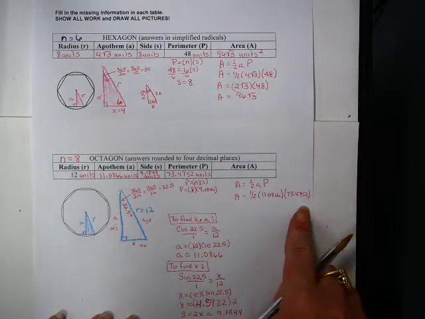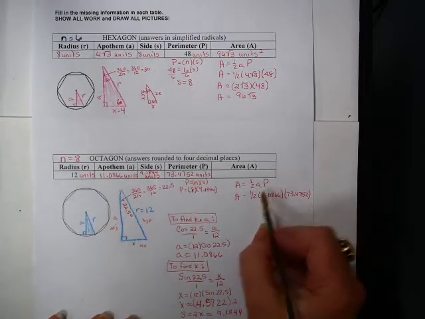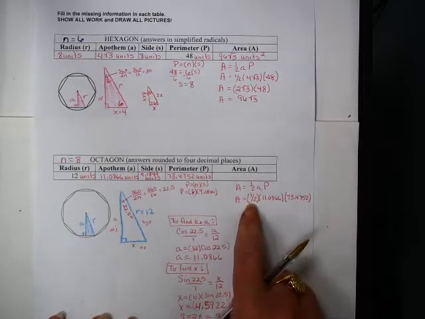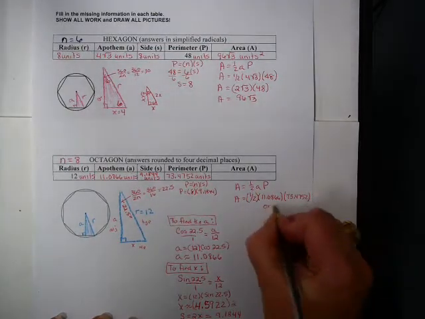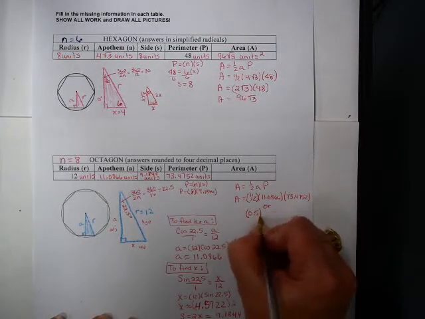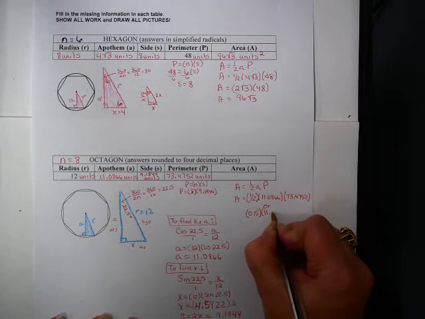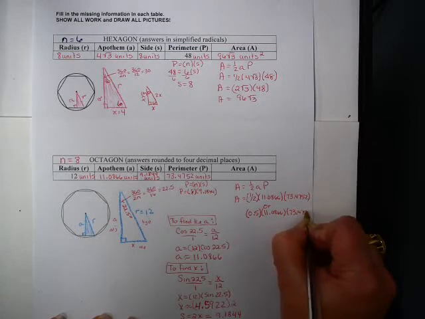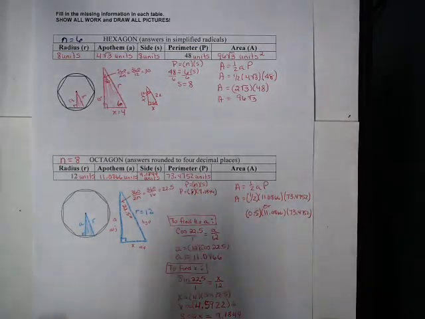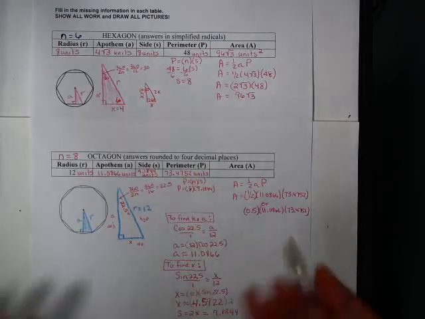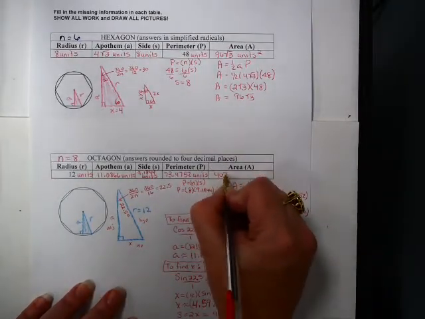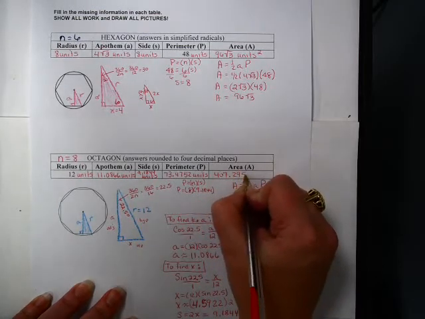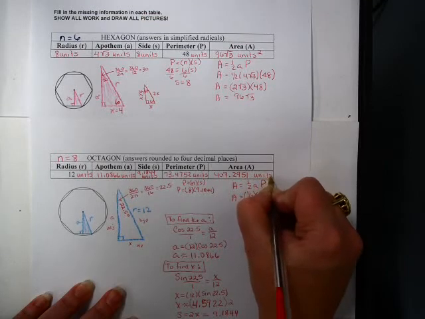When you plug that into your calculator, oh folks, you can plug this in as 1/2, but you better make sure you put parentheses around it, or you can change this to 0.5 and then 11.0866, 73.4752. Either way, just be careful when you're plugging this into your calculator. That's going to be 407.2951 units squared.